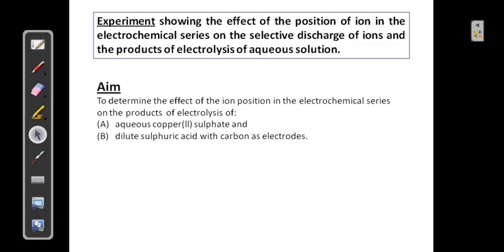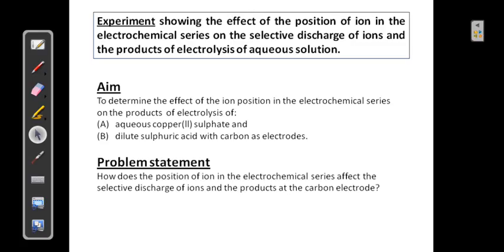So this is what we try to do, and of course the product that they produce, right? And the problem statement here is, how does the position of ion in the electrochemical series affect the selective discharge of ions and the products at the carbon electrode?